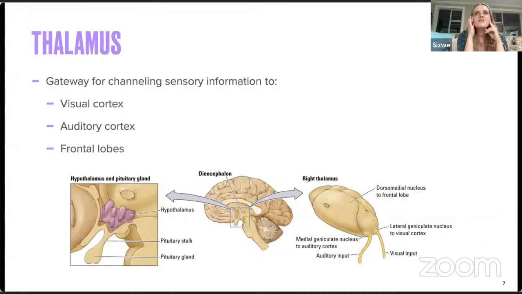I always think of it as a checkpoint or a rest stop or a train station where all the trains go. It will channel sensory information to the visual cortex. If a sensory thing is picked up, it will send it to the visual cortex, the auditory cortex, and the frontal lobes. So it's basically just a little helper for things.